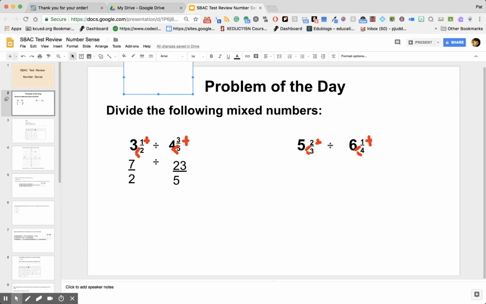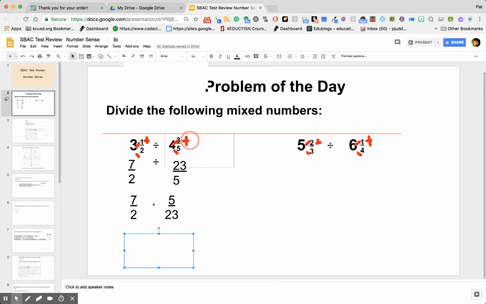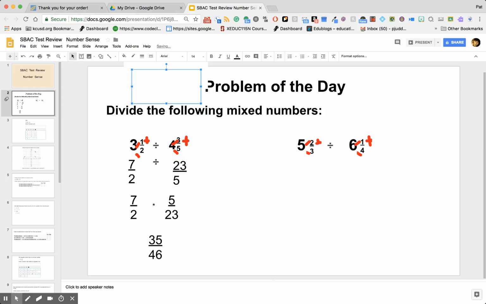Now, after you have changed to an improper fraction, your next step would have been to use the inverse of division, which is multiplication, and the reciprocal of your divisor. Instead of 23/5, you have 5/23. And your answer should be 35 over 46 or 35/46.